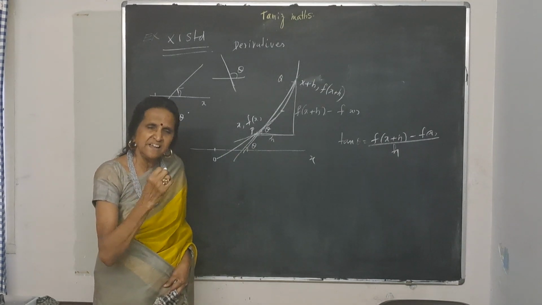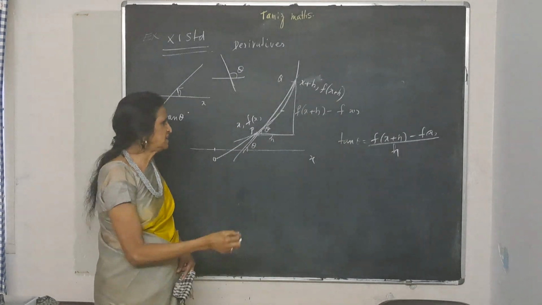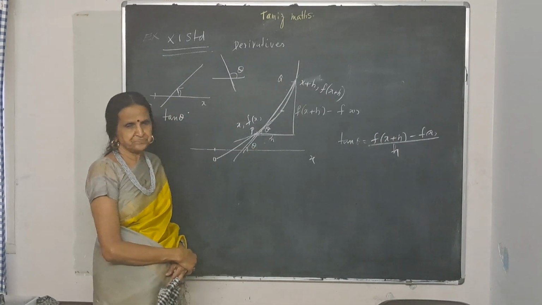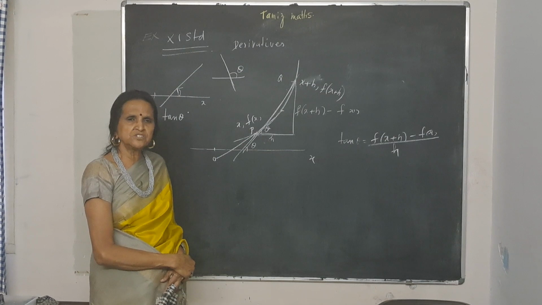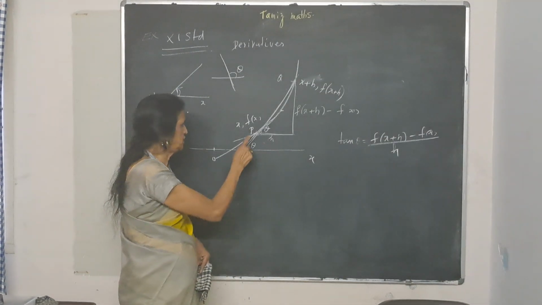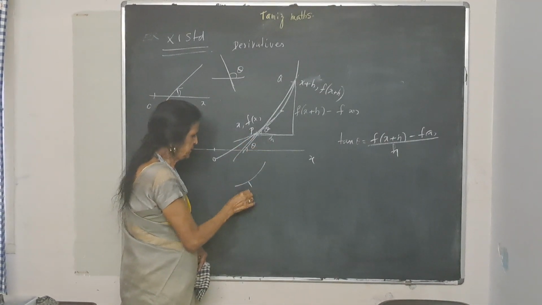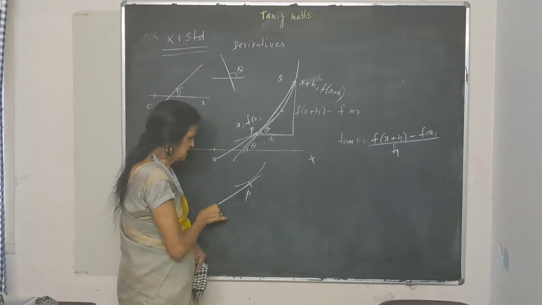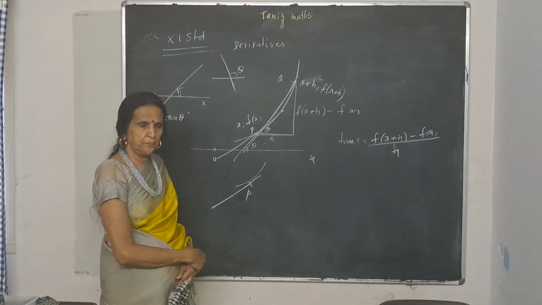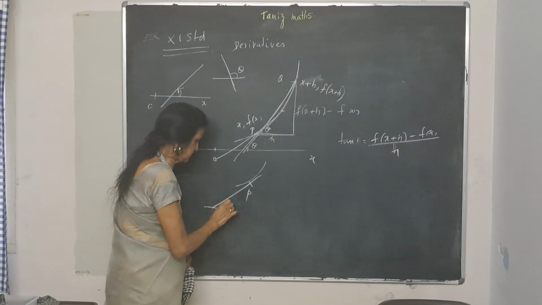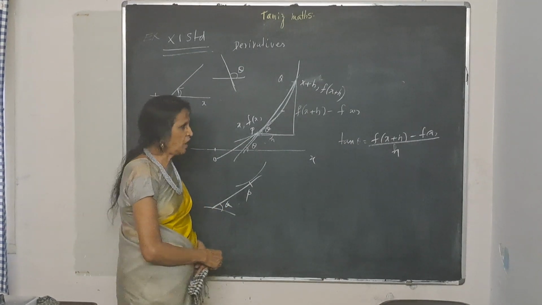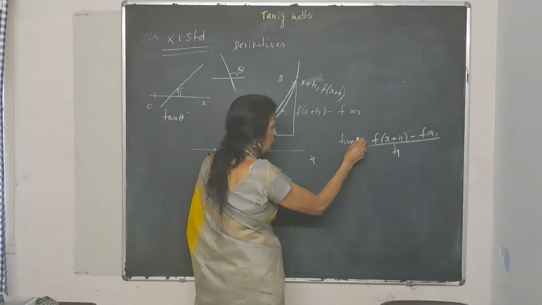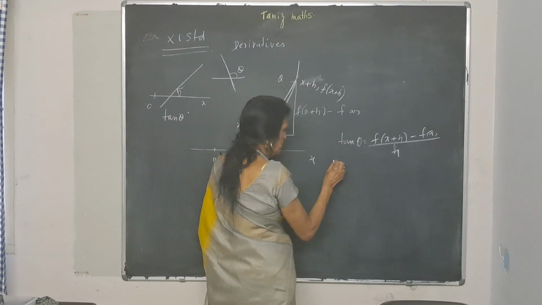When the secant line becomes the tangent line, h will tend to 0. So that will be the slope of the tangent at the point P. P is here, this is the tangent. So what is the slope of the tangent at the point P?